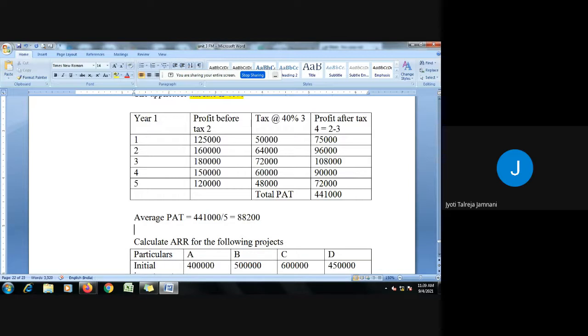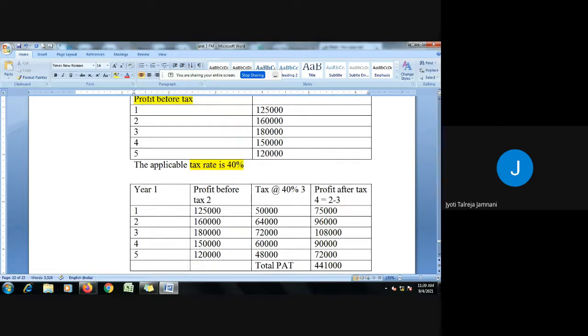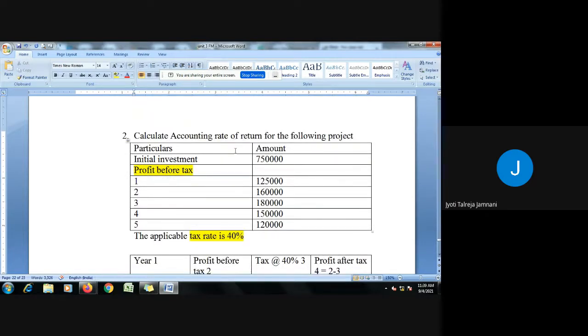Now we'll find the accounting rate of return, which is equal to average profit after tax, that is 88,200, divided by the initial investment, because here again the scrap value is not given, so we will directly take the initial investment amount. We will not find the average of it.